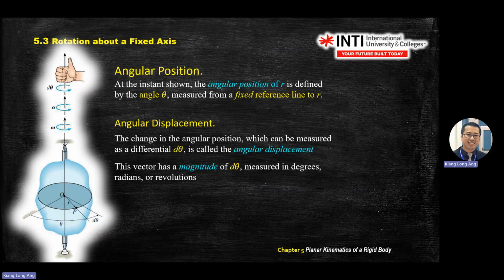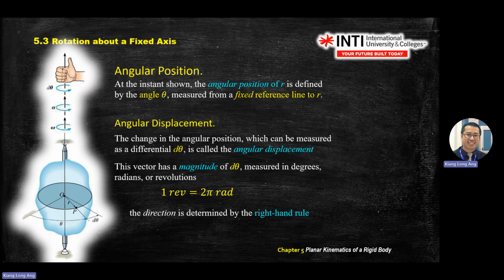This is very basic: you transform from one unit to another. Most of the time in your questions, you will see how many revolutions or how many RPM, revolutions per minute.